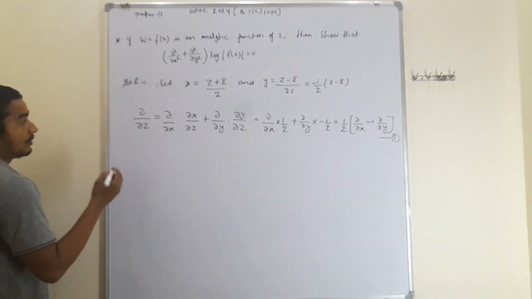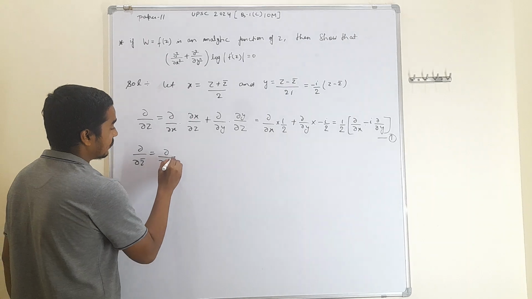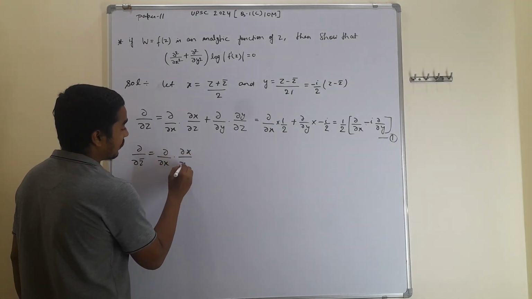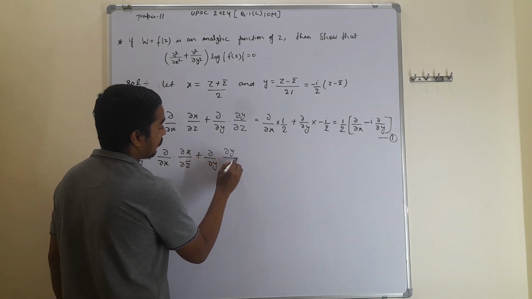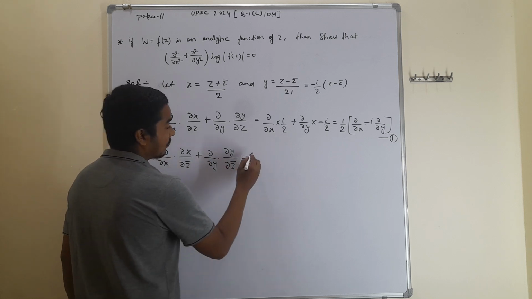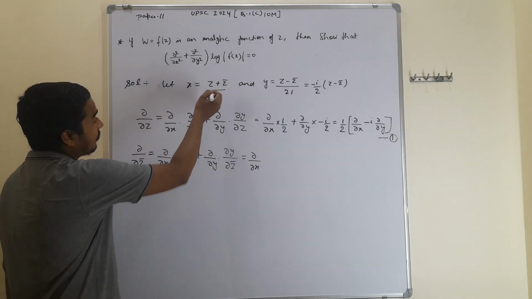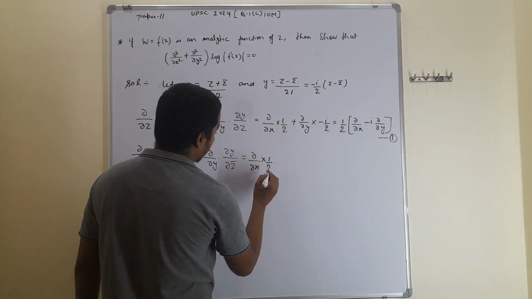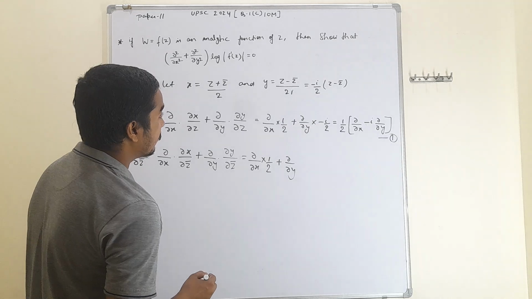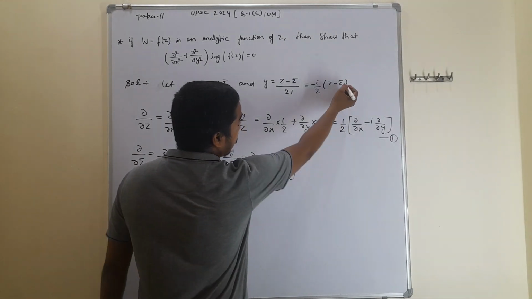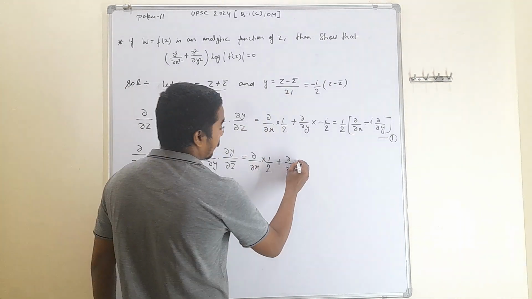With the same procedure, for ∂/∂z̄, using the chain rule, ∂/∂x · ∂x/∂z̄ + ∂/∂y · ∂y/∂z̄. Here ∂x/∂z̄ is also 1/2, and ∂y/∂z̄ is plus i/2.